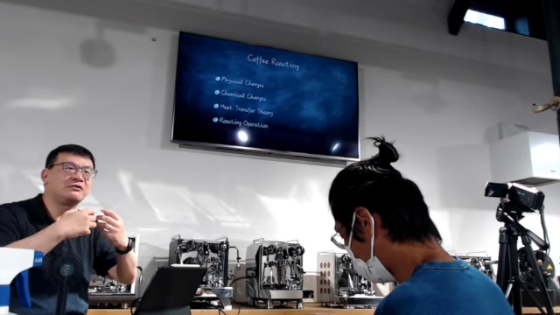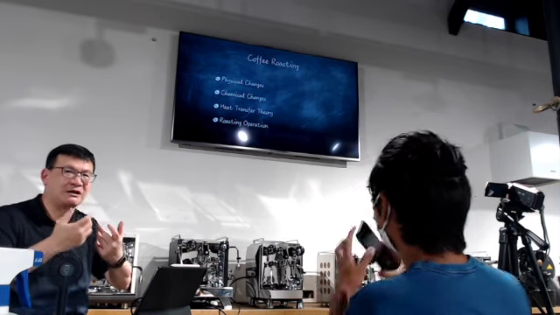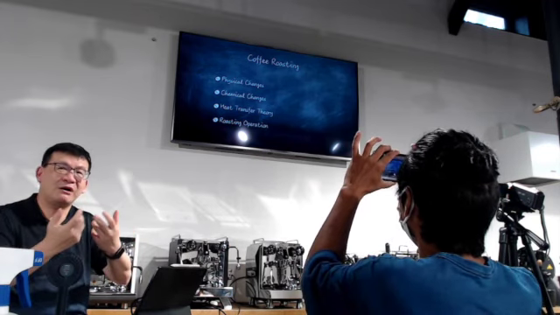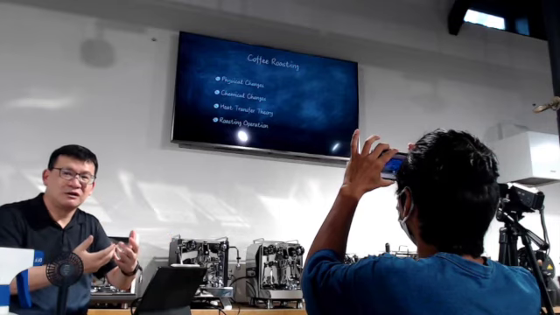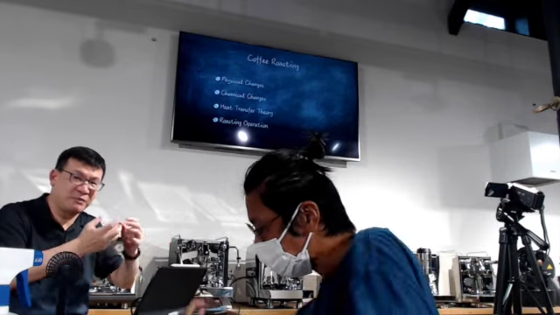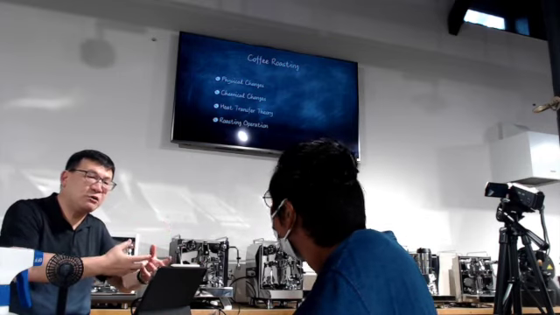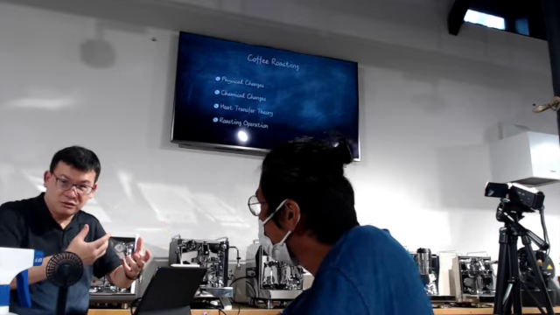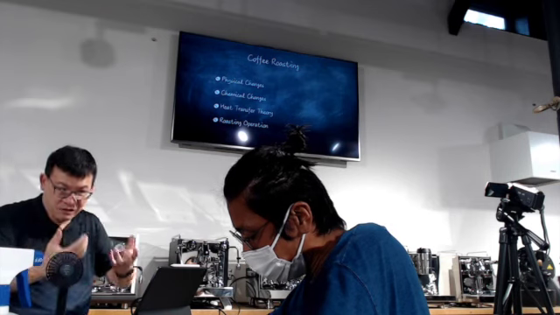And for different purposes, like if you need to do a very light roast, what's the best strategy to apply the energy? If you want to do a medium roast, what's the energy supply strategy? Okay, that will be different. So that's the last part.